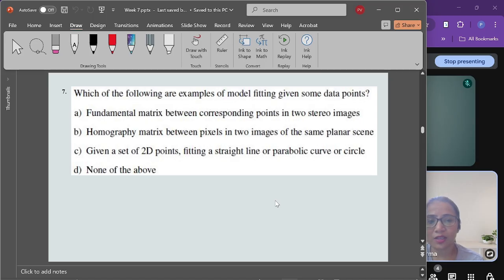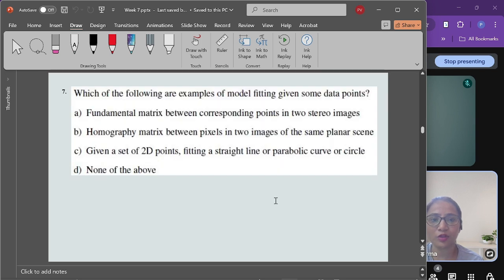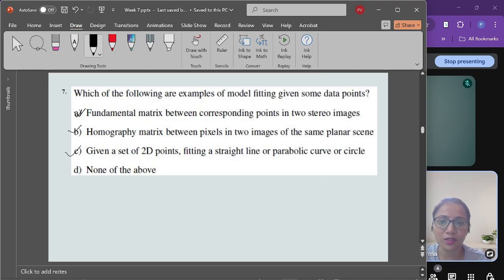We have already discussed this in detail in the explanation. So option A, B and C are the correct options, because the fundamental matrix and homography matrix are used for model fitting of the data points, and fitting a straight line, parabolic curve or circle is also an example of model fitting.